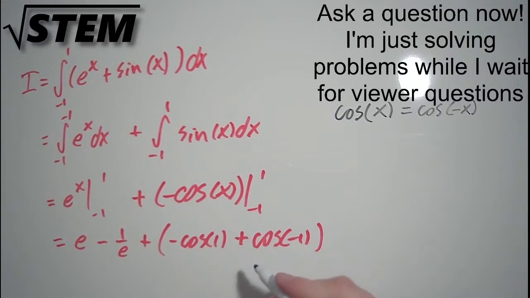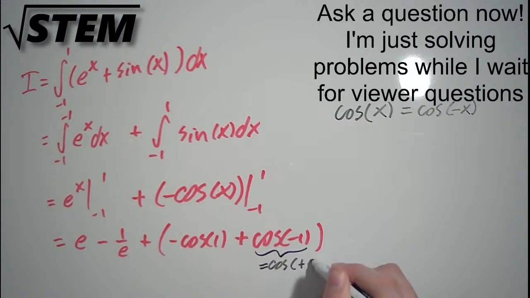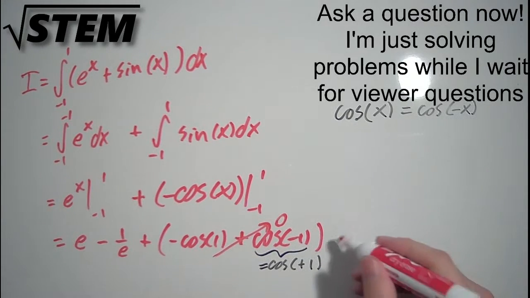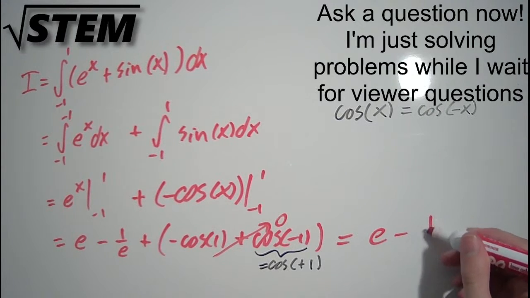So cosine of -1 actually equals cosine of 1. And if we have negative cosine of 1 and plus cosine of 1, this whole term is going to be 0. Which means that our final answer is just e minus 1 over e.